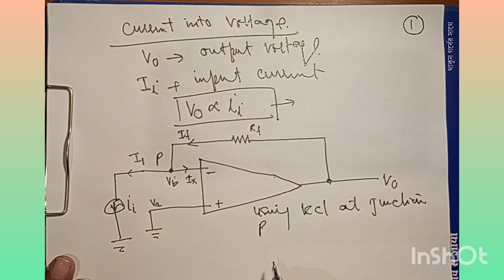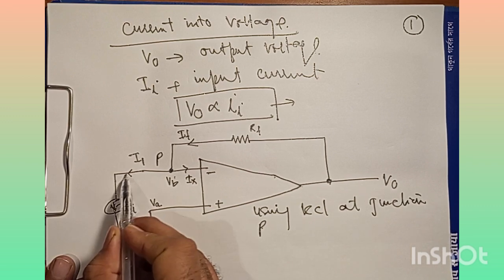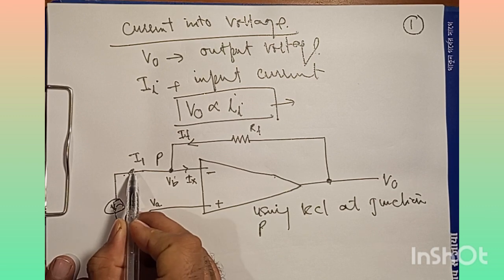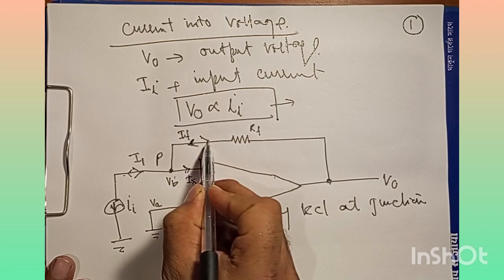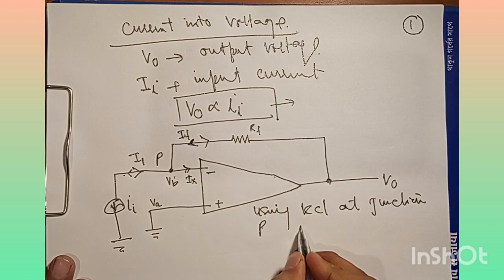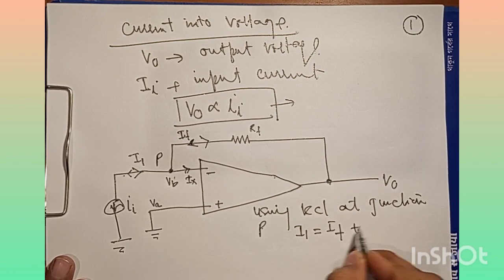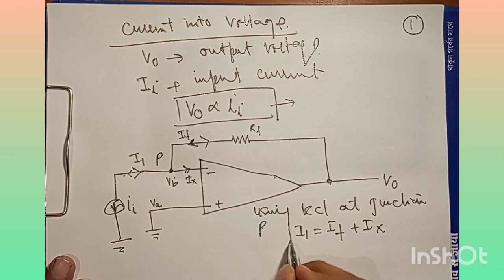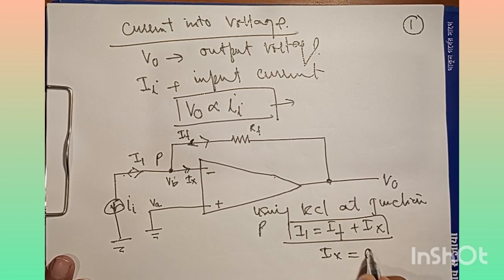Because the current is coming from here, let's take the directions in this way. So in that case, I1 is IF plus IX, and it is understood that this IX is equal to 0.